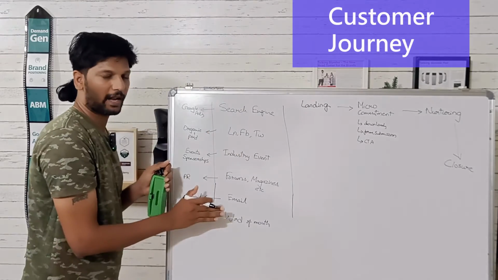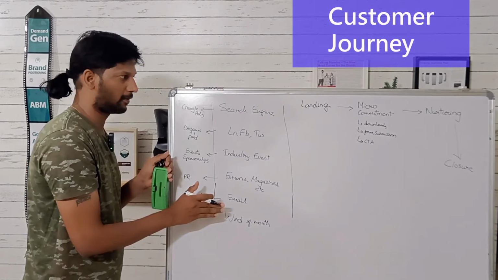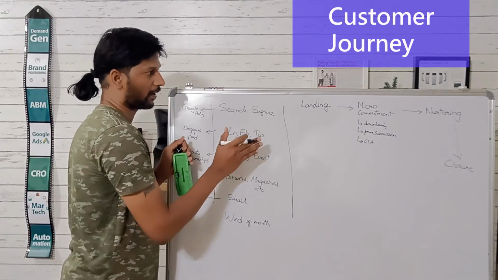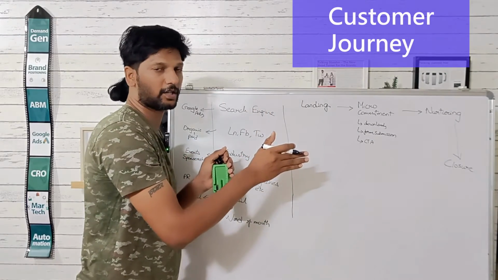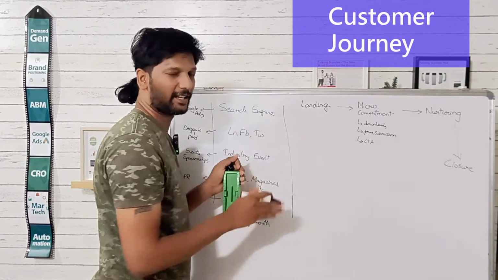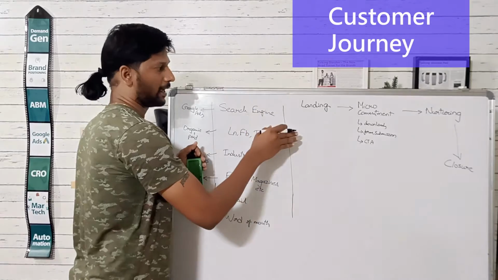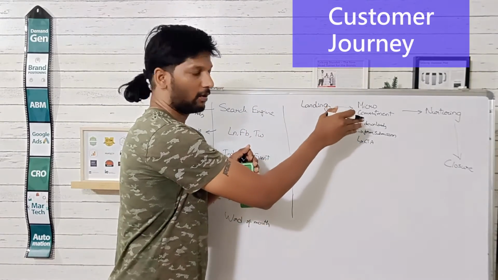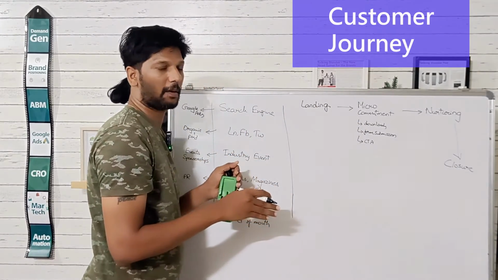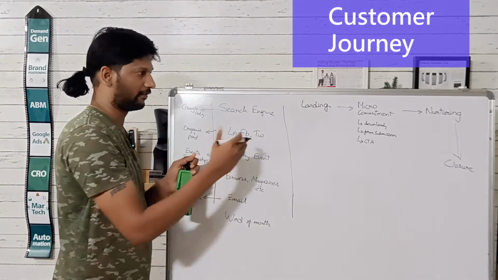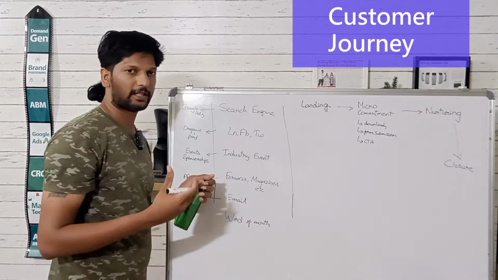Let's say you have 100,000 people over here; you are trying to bring at least 5 to 10% into your landing page, and from your landing page you are trying to bring around 20% into micro commitment. Based upon the kind of conversion you're looking for, the percentage depends.